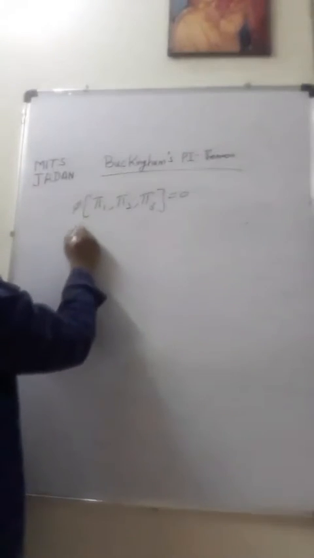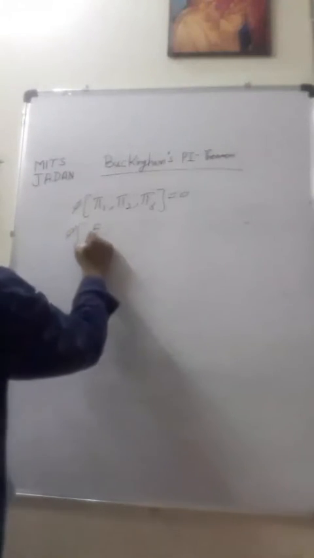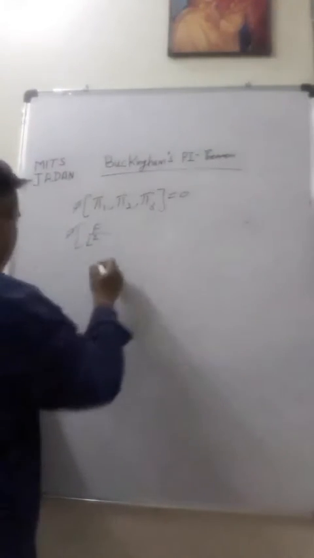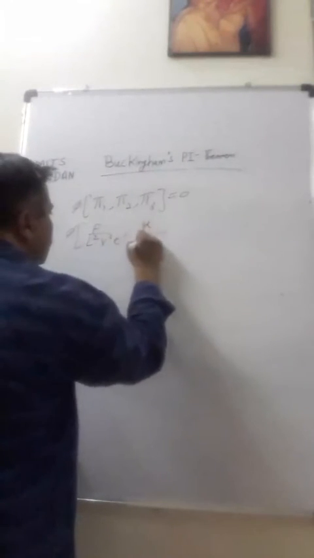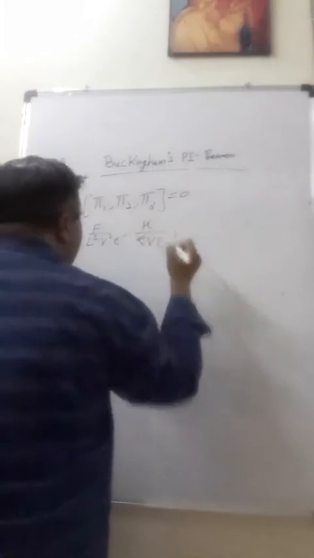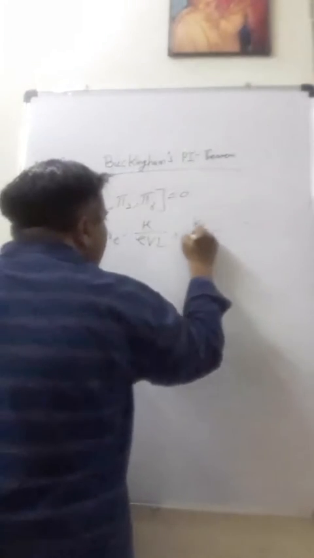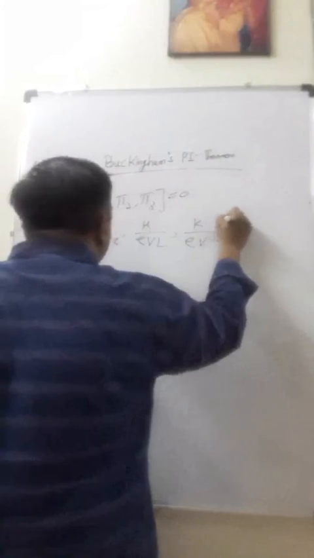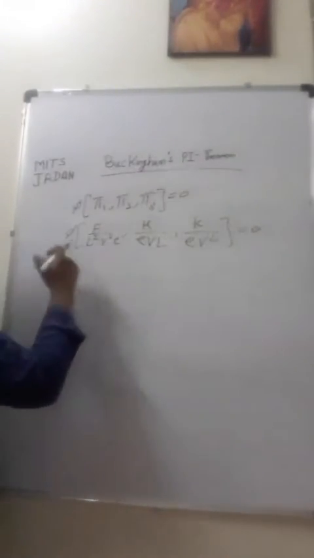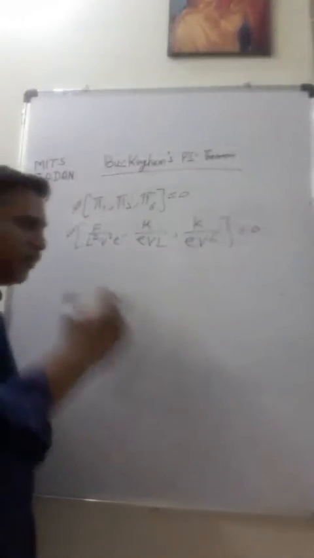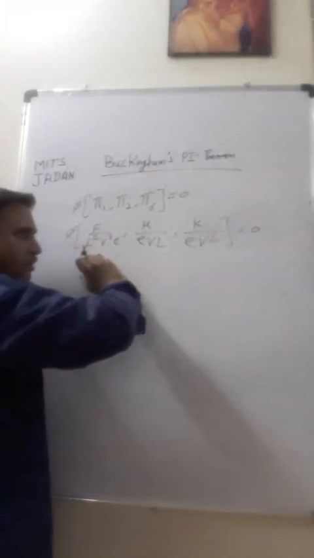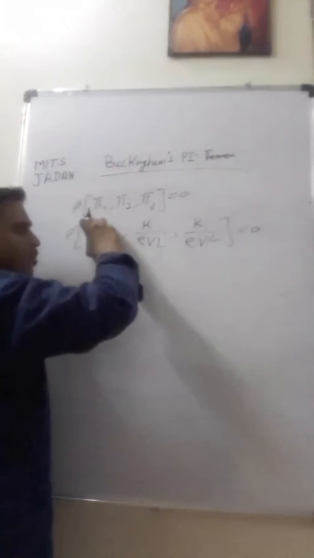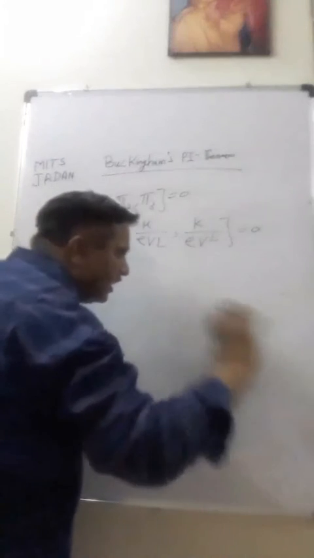So now I am replacing here. It is phi times F upon L square V square rho, mu by rho V L, K upon rho V square, equal to 0. Now I will keep this term on the left hand side, remaining everything on the right hand side. The postulate is that even if you take one parameter or one group of non-dimensional numbers from the left hand side to the right hand side, it is not changing.